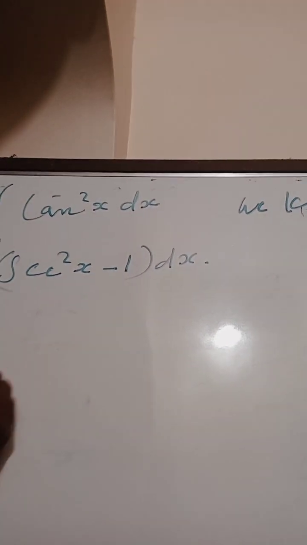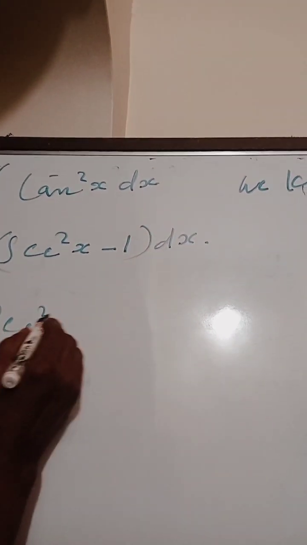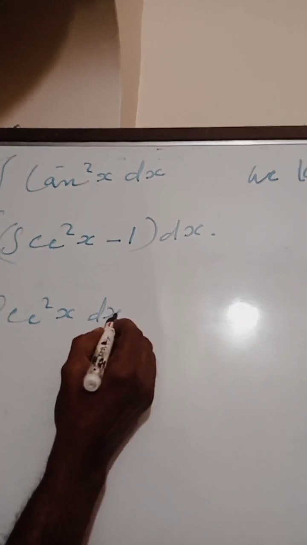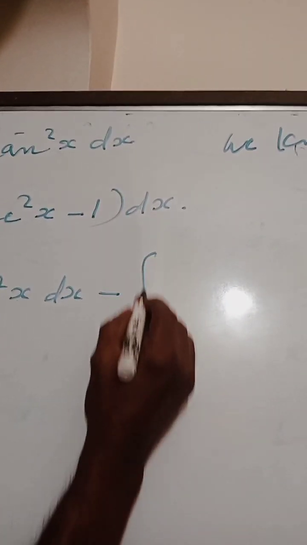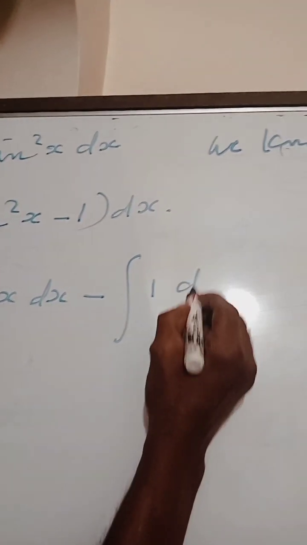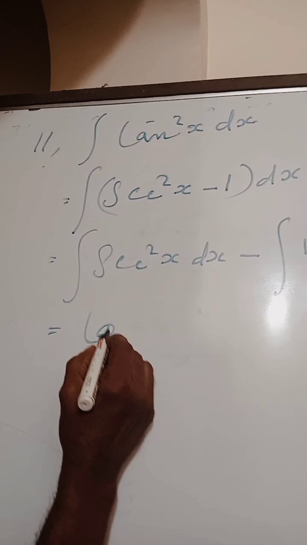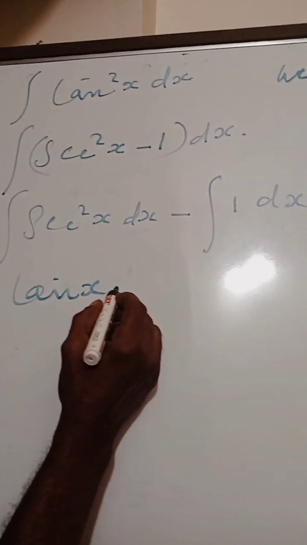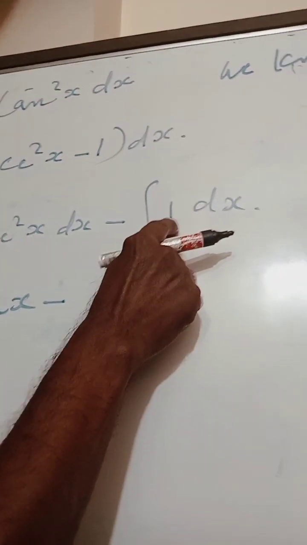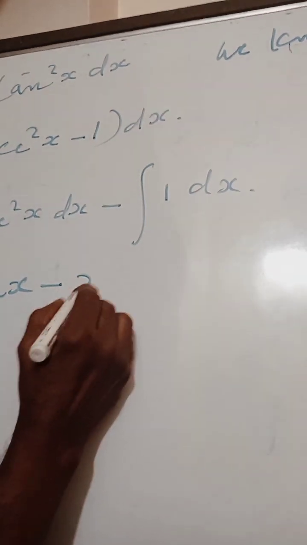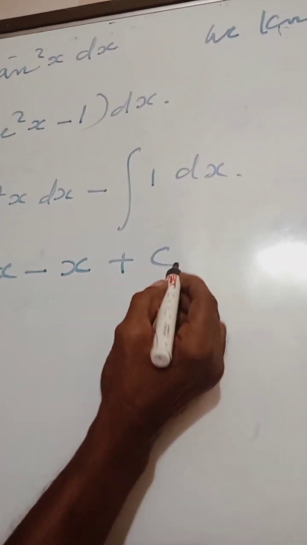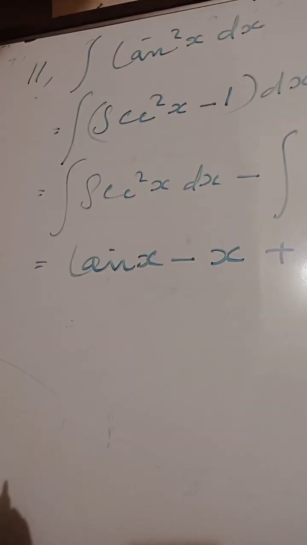This is equal to integration of sec square x dx minus integration of 1 dx. We know that integration of sec square x dx is equal to tan x. Tan x minus integration of dx is equal to x plus c, where c is the constant of integration.